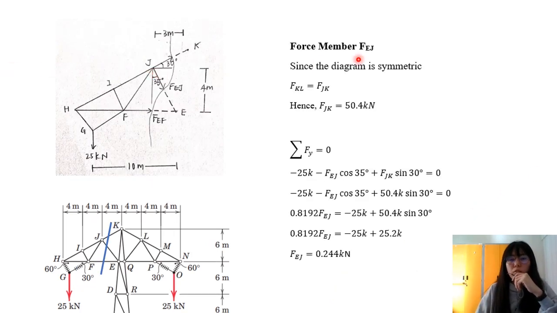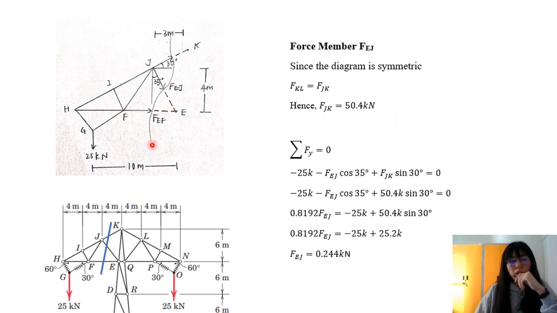Next, we find the value of FEJ. By cutting the truss at this position, we draw a free body diagram first. By observing the diagram, we can see that it is symmetrical, so FJK is equal to FKL. Since we already have the value of FKL, we know that FJK equals 50.4 kN.